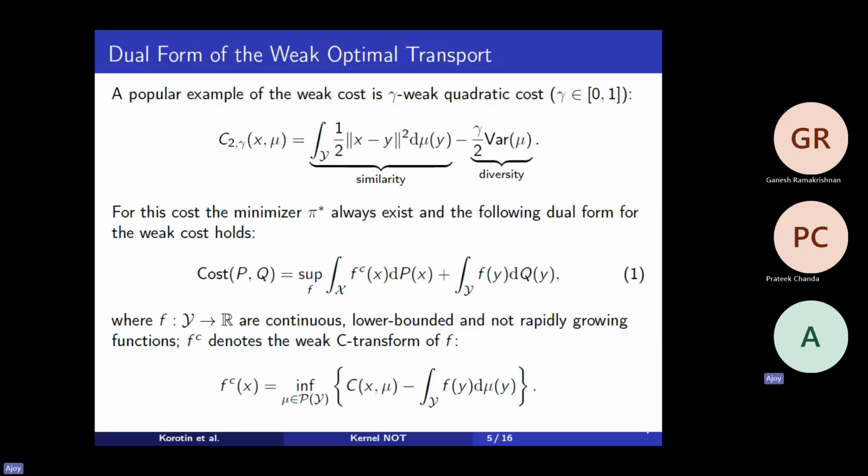And then there's also a diversity term, which depends on a hyperparameter gamma. If we increase gamma, we are allowing our map to be more diverse, as in we are allowing x to be mapped to different samples for y. This hyperparameter is really useful in real life because there are some good practical considerations which I'll show.